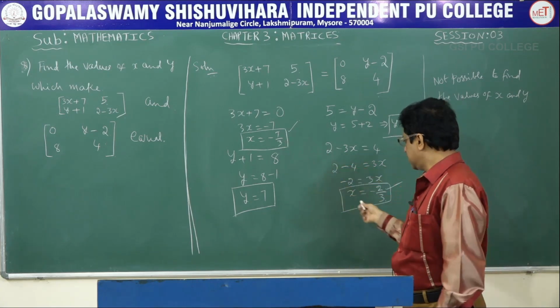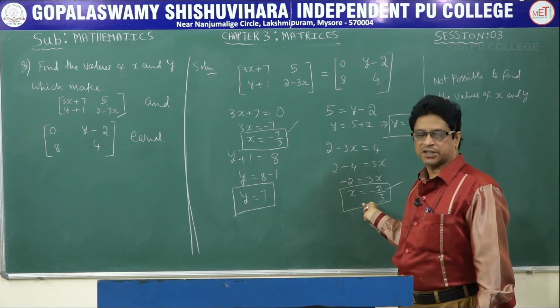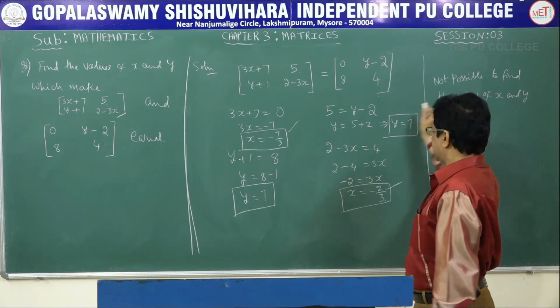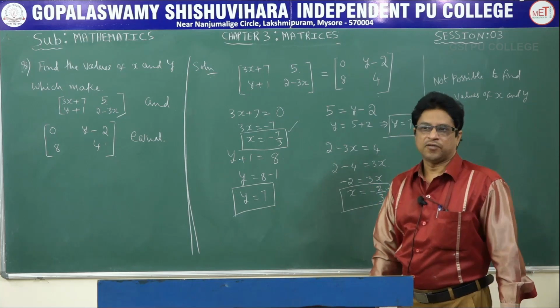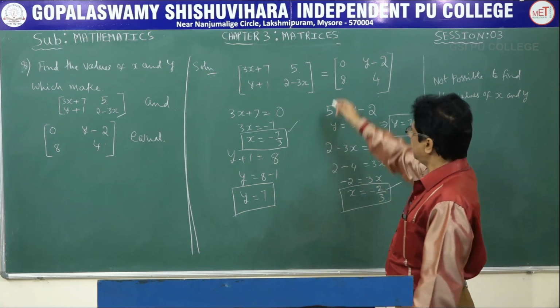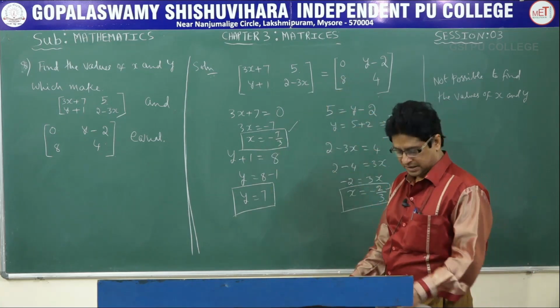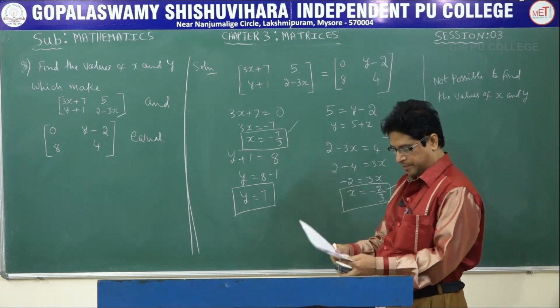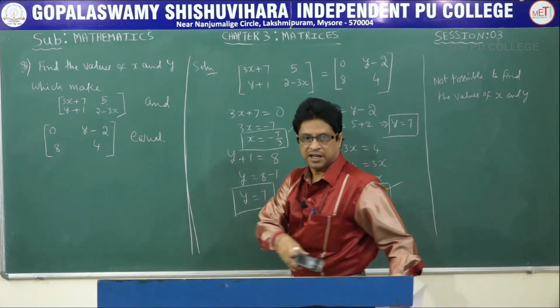That means we are getting two values of x, which is not true. Therefore, there is no possibility of getting x and y under given conditions. That completes this problem. Next we pass on to the next problem.